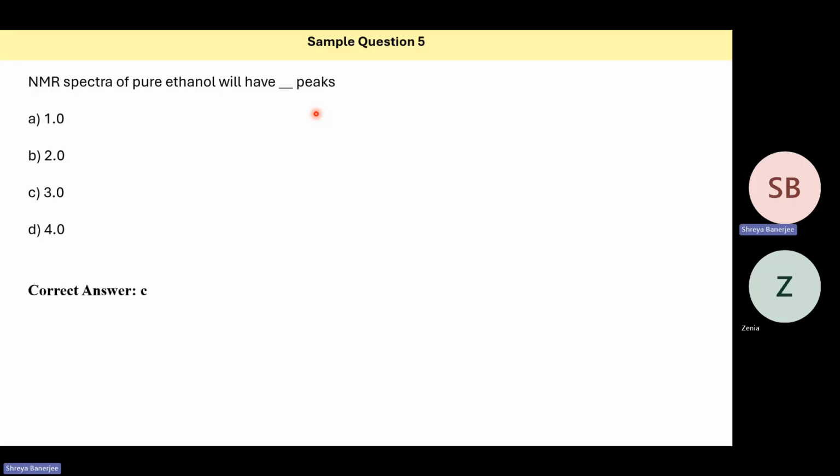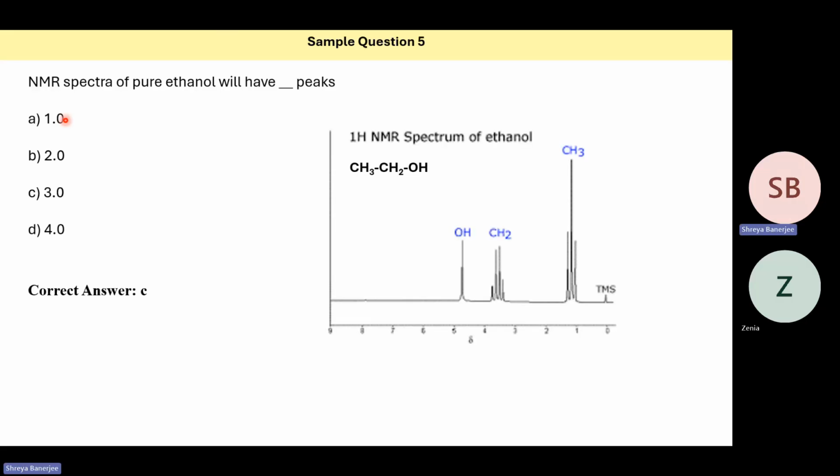So the answer is, we will first look at the structure of ethanol. Ethanol is CH3CH2OH. So you have three different kinds of hydrogens. One that is directly attached to O, one in the CH2 which is attached to the OH, and one is the CH3 which is further away from the OH. So you will have three peaks because there are three different kinds of hydrogens.